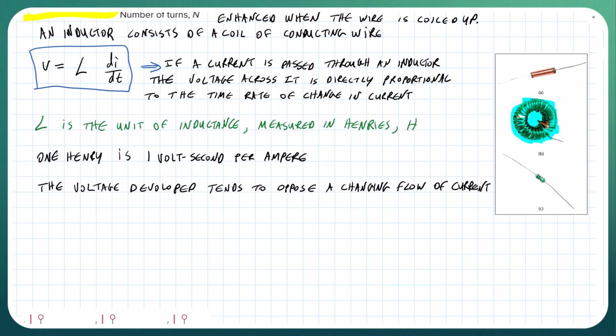The inductance itself is going to be dependent on its physical dimension and construction. Just like with capacitance, where we had area and separation distance, similarly the physical construction of the inductor is going to determine the value of the inductance.